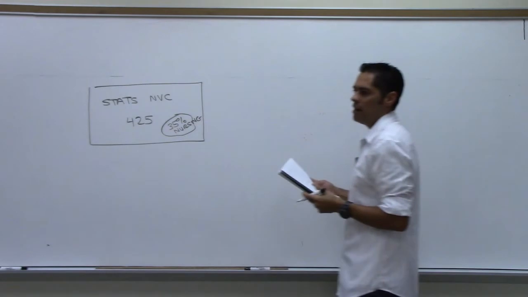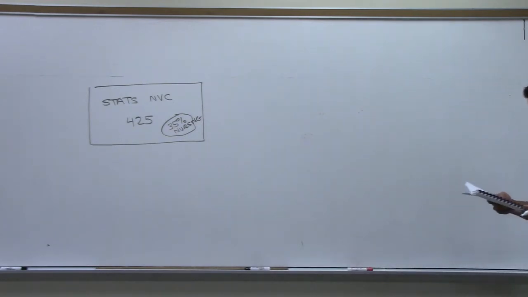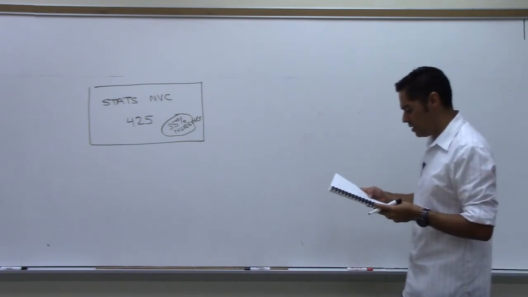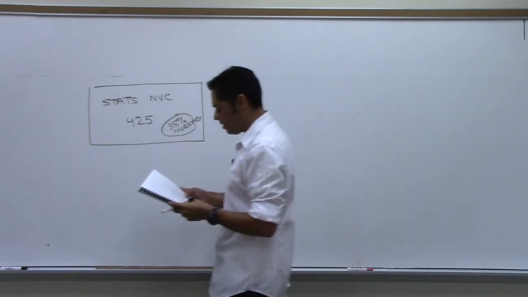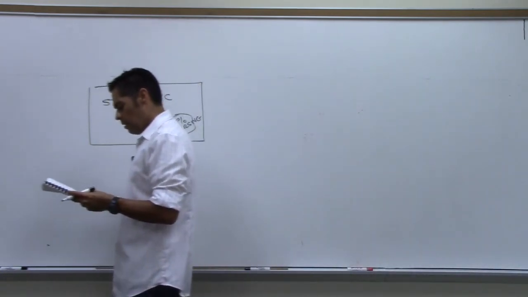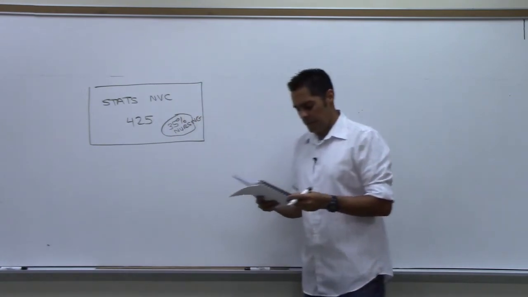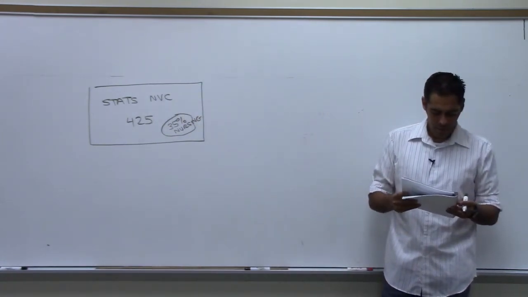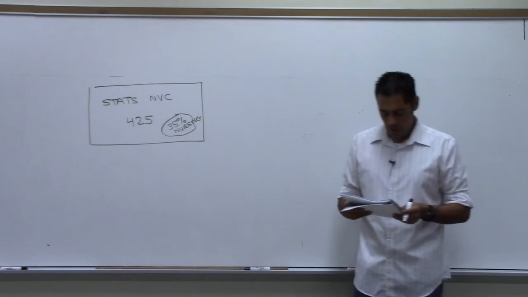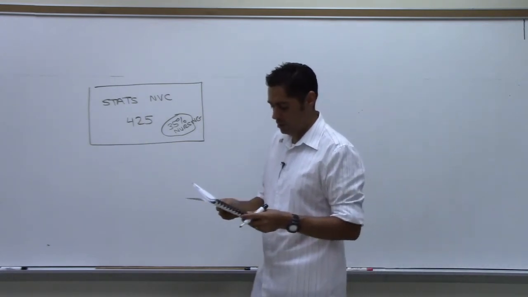I'm drawing pictures to try and help me see what's going on. If all the students who plan to attend nursing school are enrolled in statistics this semester, what percent of the 15,000 students plans to attend nursing school?